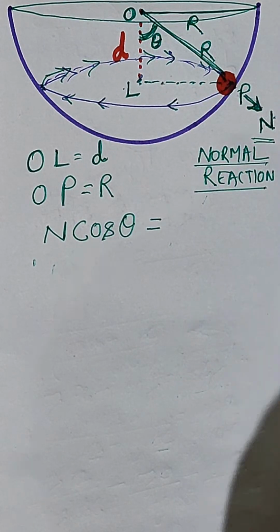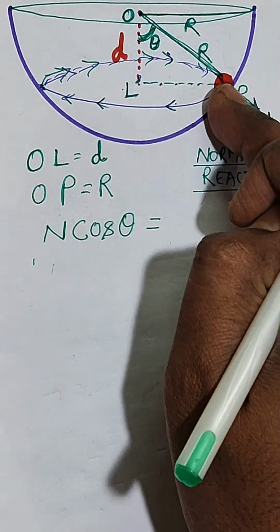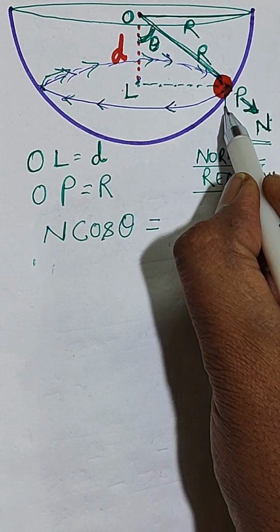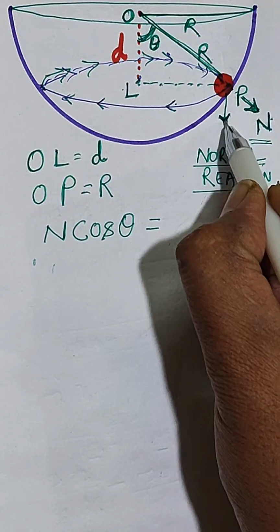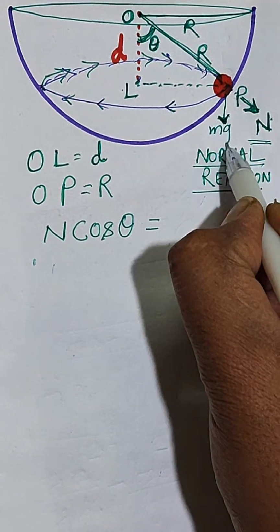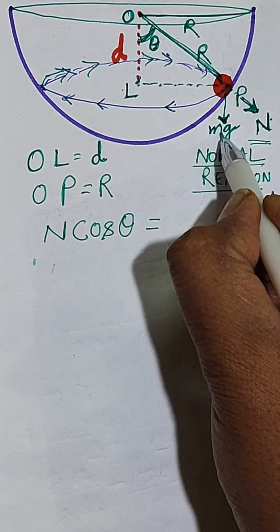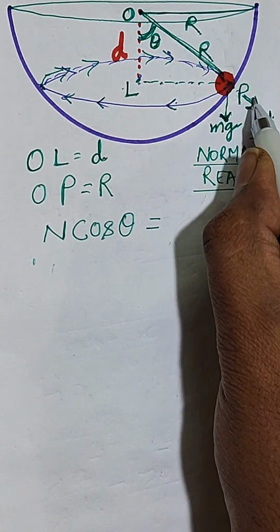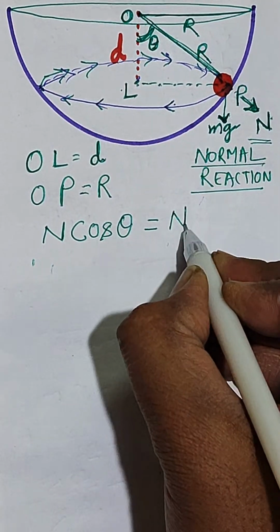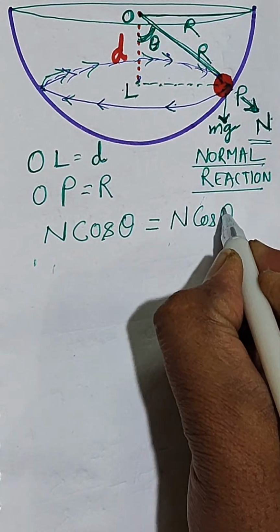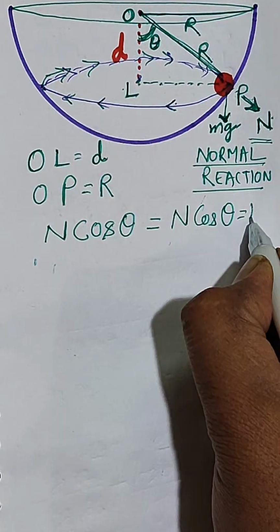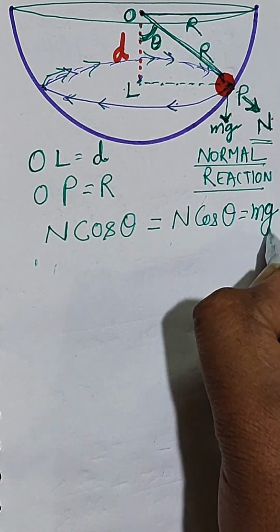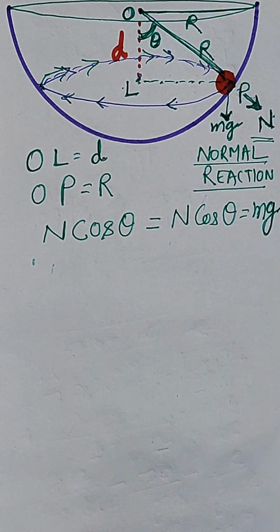If this is mg here, then N cos theta is equated with mg.